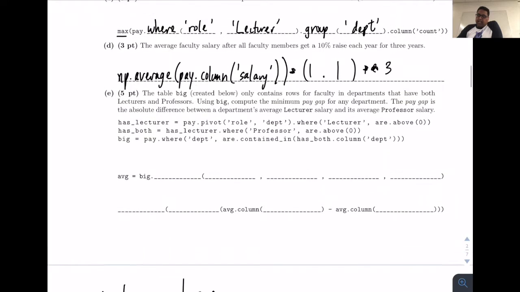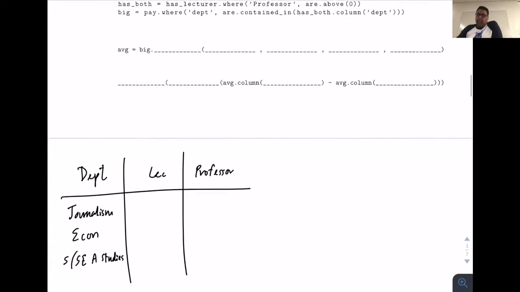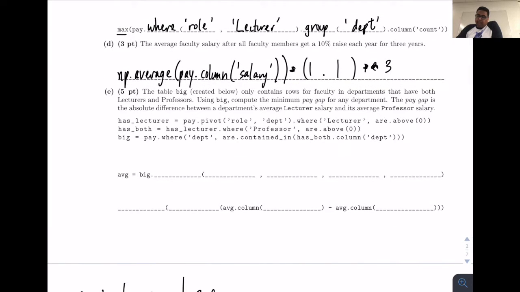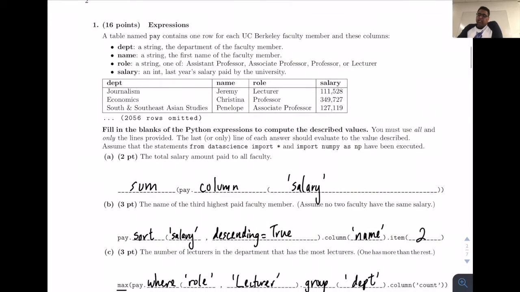And lastly, we have part E. As you can see, I started to kind of work on it a little bit down here. But what it tells us is the table big created below only contains rows for faculty and departments that have both lecturers and professors. So you can see here it's possible for some departments to only have associate professors, like we can imagine a case where that happens. Or for some reason a department only has professors and not lecturers.